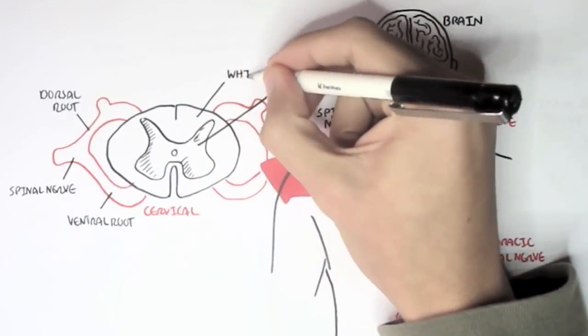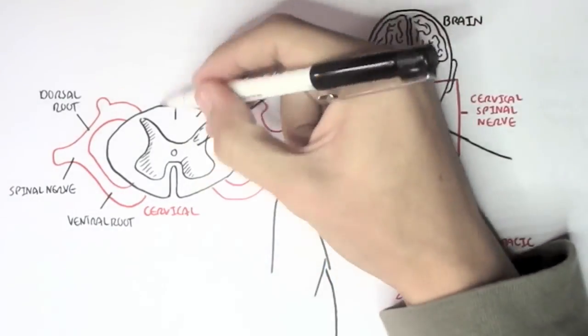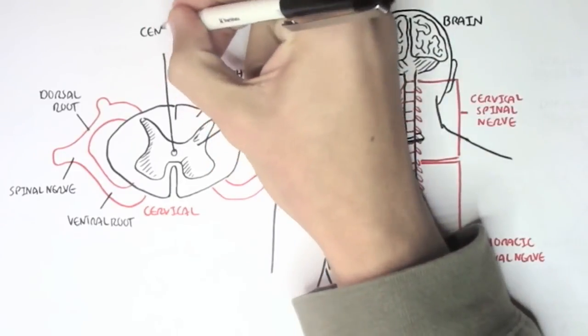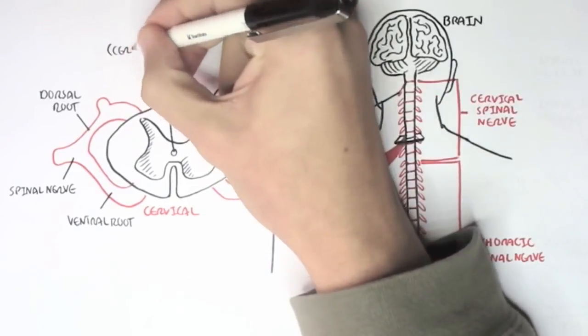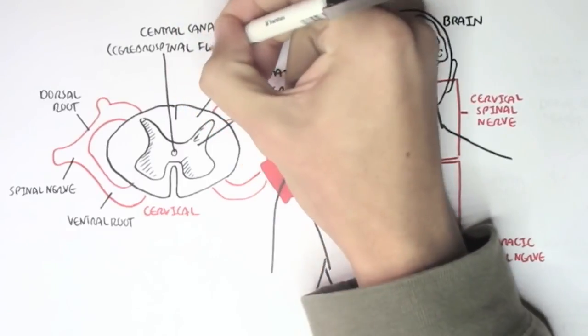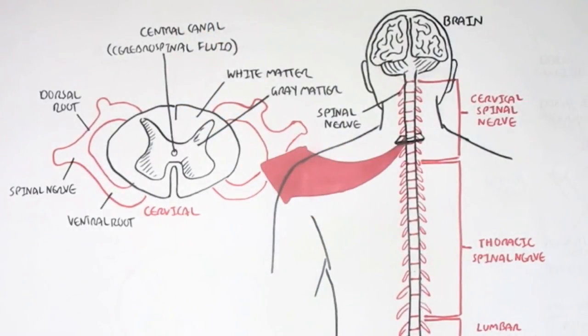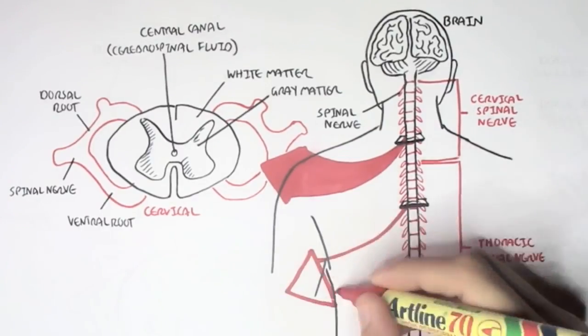The spinal cord itself consists of gray matter in the middle and white matter surrounding it. The hole in the center is known as the central canal, which contains cerebrospinal fluid, which helps in nourishing the nervous tissue. And we should know what the gray and white matter is because that was taught in the previous neurology videos.